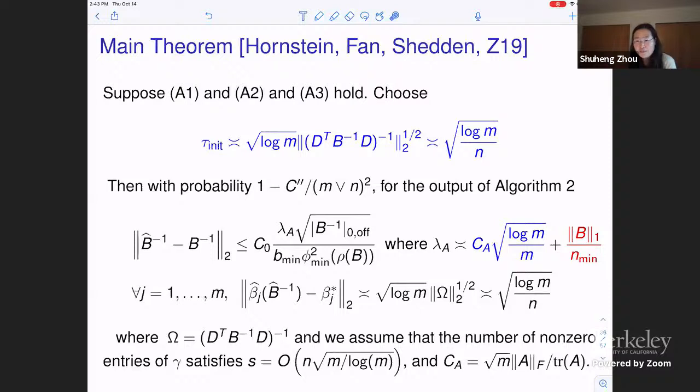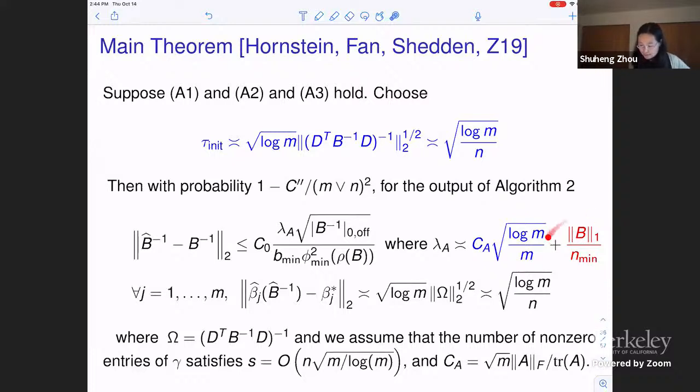And we know from high dimensional statistics, this is the optimal rate you can get from the Gaussian extreme analysis. And then the operator norm for B also depends on the sample size m, and also depends on the number of edges in the inverse covariance matrix.